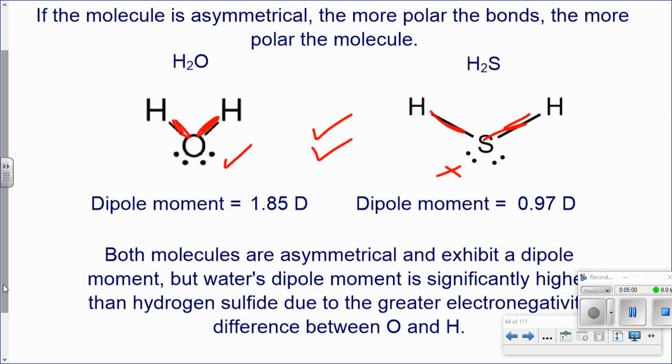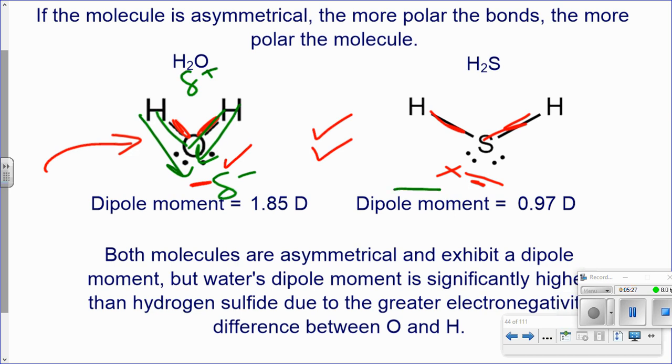So even though they're both polar molecules, this one is more polar than this one over here. Okay, and the reason is because oxygen has a stronger electronegativity value, thus making these two bonds more polar, thus pulling the electrons more towards this direction, making this side slightly negative and this side slightly positive.